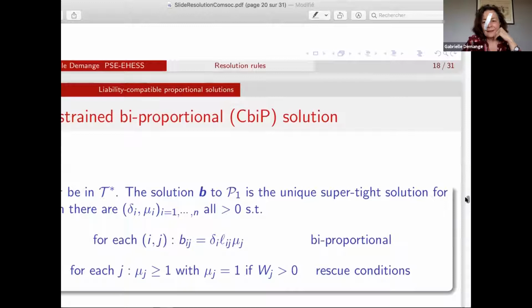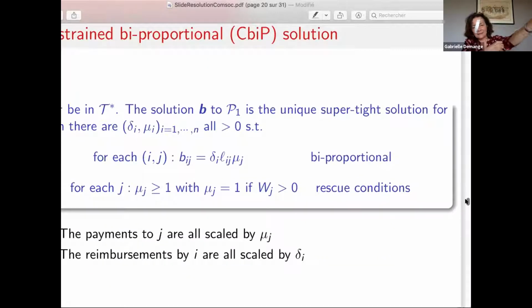Okay, so I characterize basically, I mean, these solutions are constrained proportional, which means that basically the transfers are determined by defining a kind of reimbursement ratio, which is my delta I. But now it's not really the same ratio of reimbursement to all firms, because one has to take into account that a firm J, to which I reimburse, may become bankrupt if I just reimburse everybody in the same proportion.